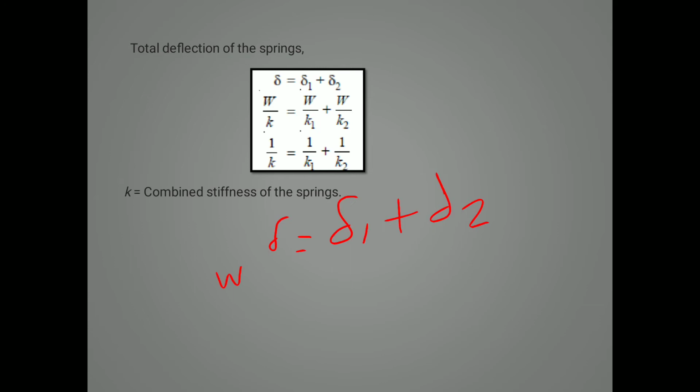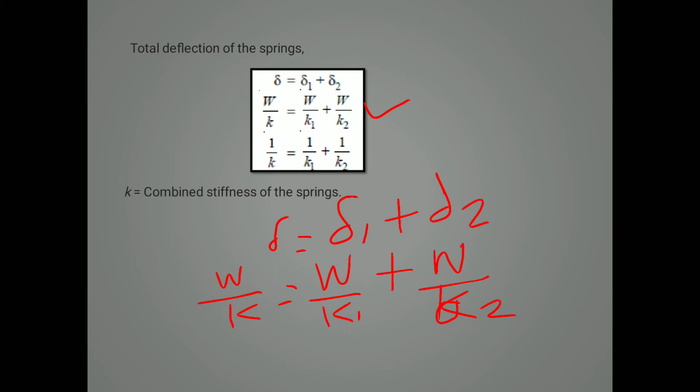So it is W/K equal to W/K1 plus W/K2. So the formula will become 1 upon K is equal to 1 upon K1 plus 1 upon K2, where K is the combined stiffness of the springs.